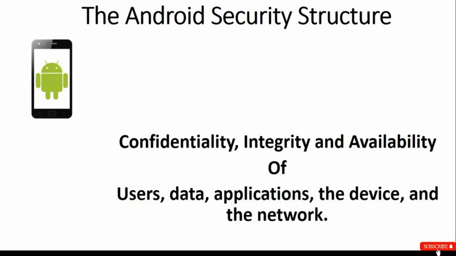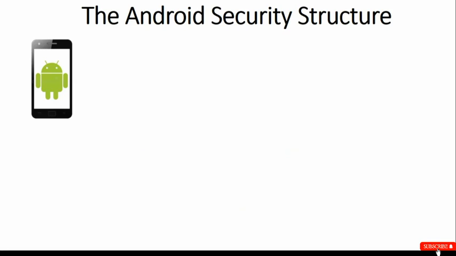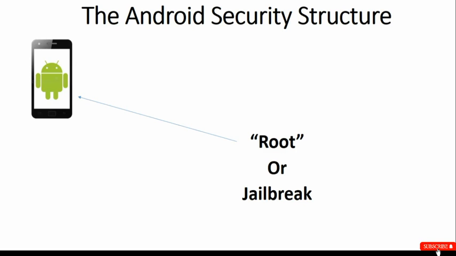Both Apple and Google have dedicated a lot of resources to make their mobile operating systems fairly secure. Some of the main challenges in security are whenever users root or jailbreak their devices and leave them open to malware or compromised applications, okay?